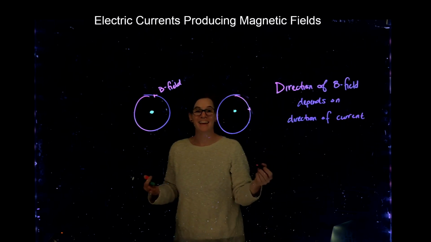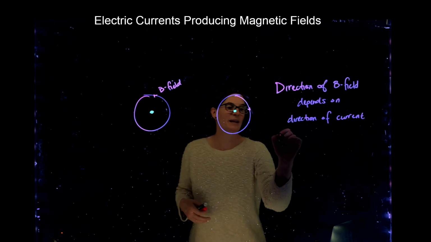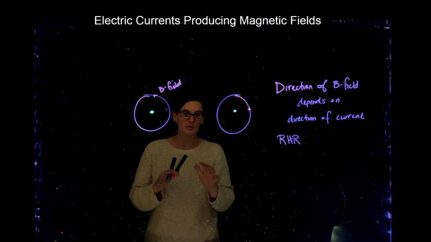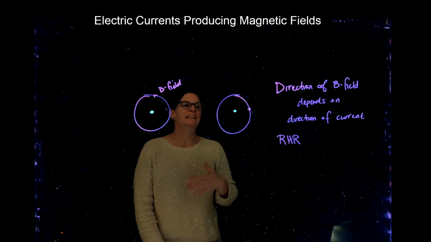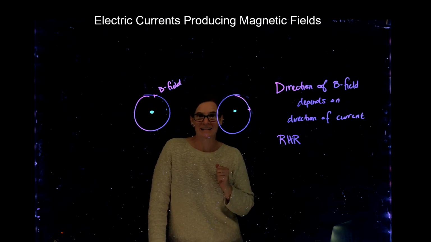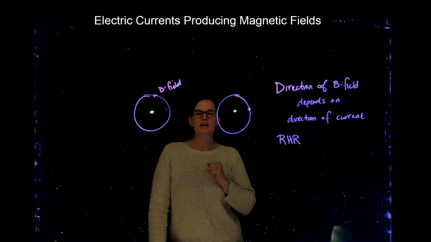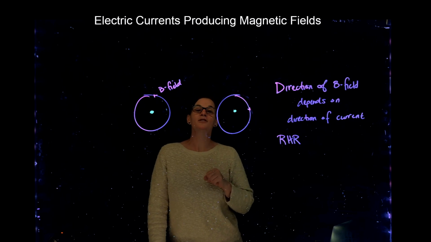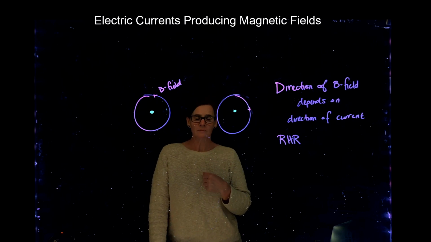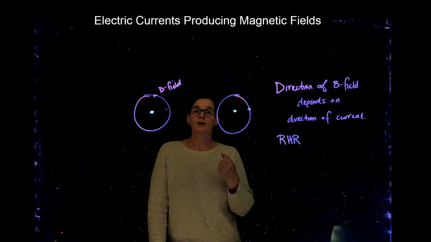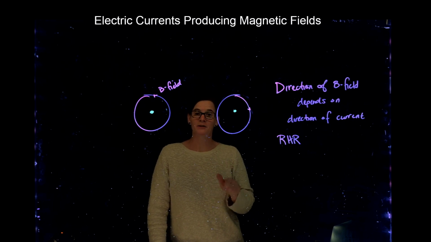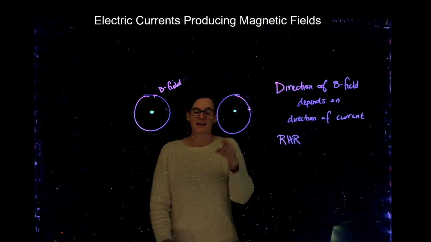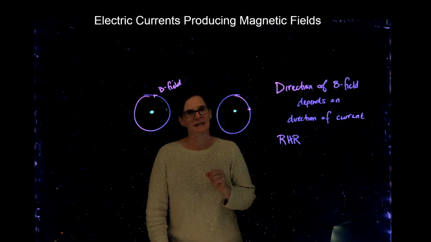So how do we get that direction? Well, we use the right hand rule again. Always using our right hand. And again, it's a little tricky when I'm on the light board because my right hand appears to look like a left hand from your end. But I want you to practice this. If you put your thumb in the direction of the current, your fingers make the circle that surrounds that wire, that is the magnetic field.